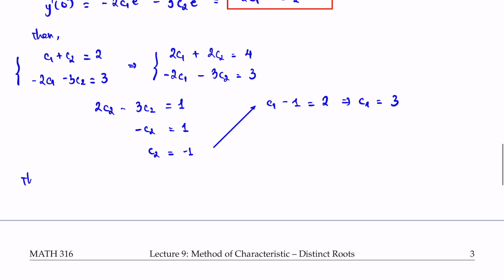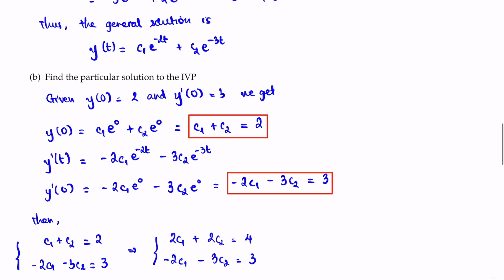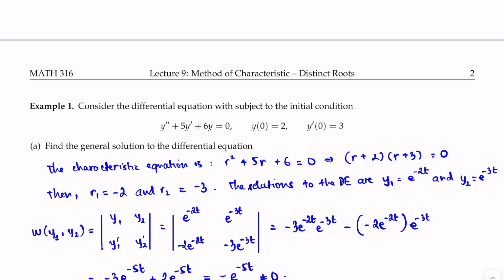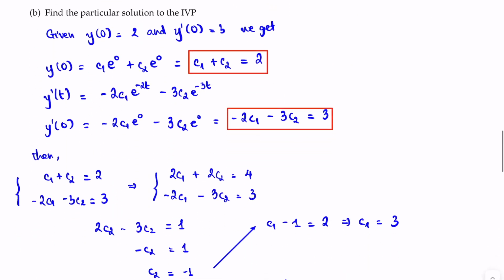So the particular solution is y equal to 3 times e to the negative 2t minus e to the negative 3t. And that's how you solve for the solutions of the second order differential equation using the method of characteristics. Okay. Now we're going to do the same thing for the second example.